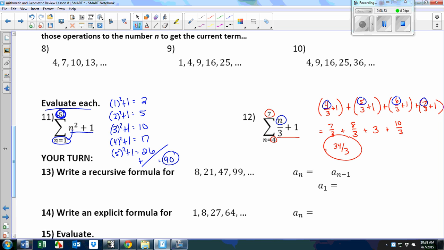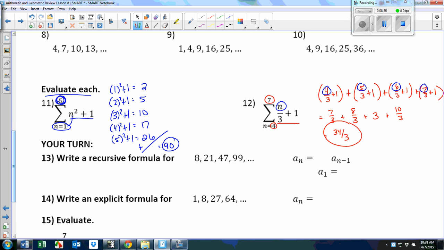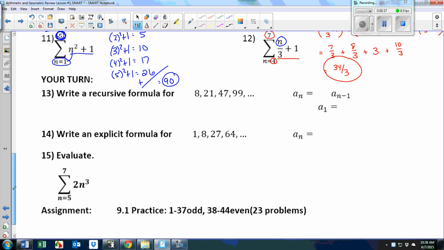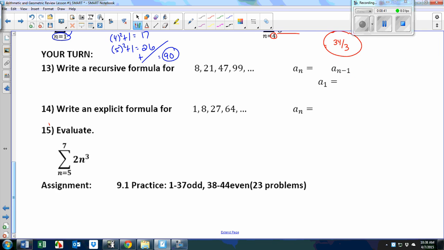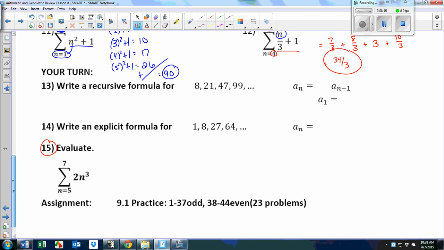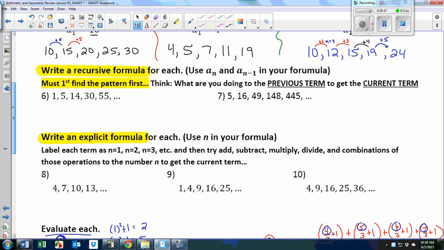All right, I'll have you try number 12 and number 15 on your mind. Then I'll do a separate video on writing the formula. That'll be the most difficult homework, and it can take several minutes for one question because you're just trying to find the pattern that's going on.